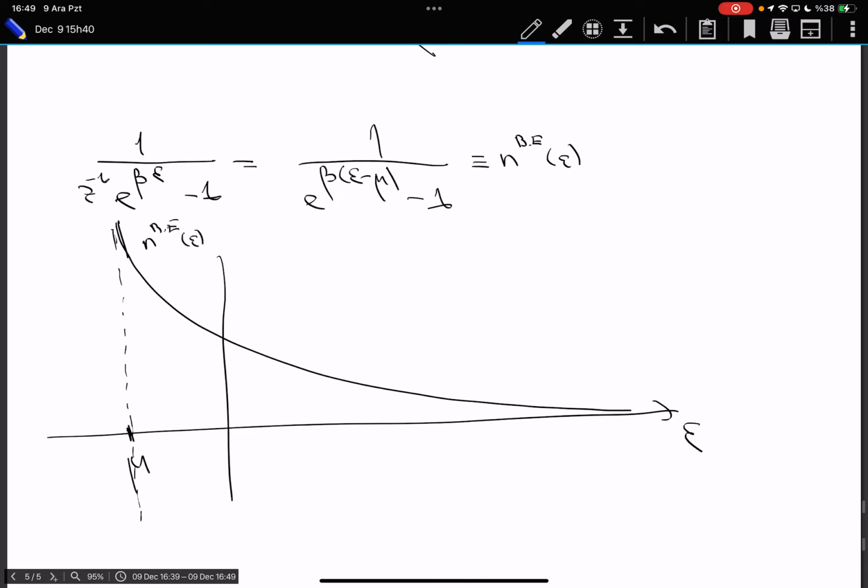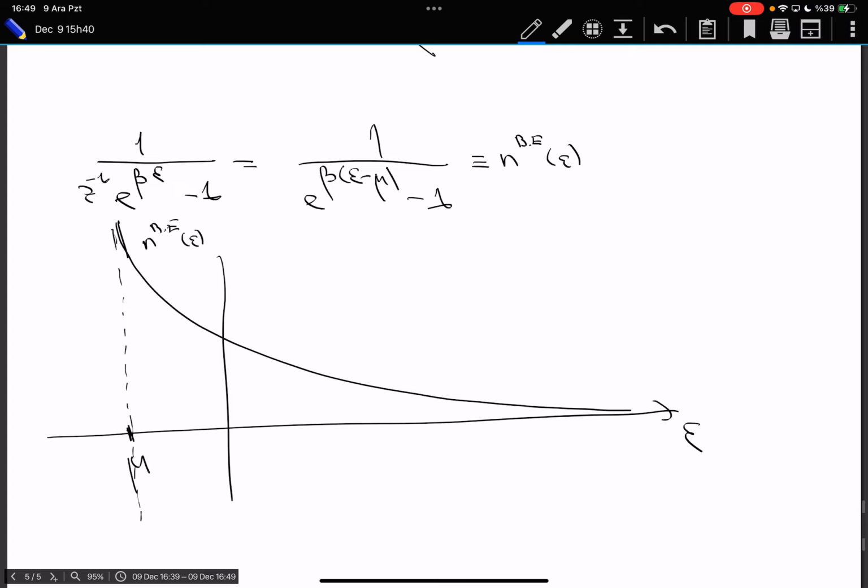And the sum, if I approximate the sum by an integral, should give me the number of particles. The integral below this curve for positive energy values should give me the number of particles. Now let's see what happens if I lower the temperature, keeping mu fixed. I'm just increasing beta. I'm not changing mu. I'm not looking at the physical process. I'm just looking at this function as a mathematical function.